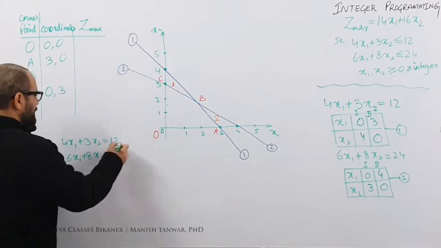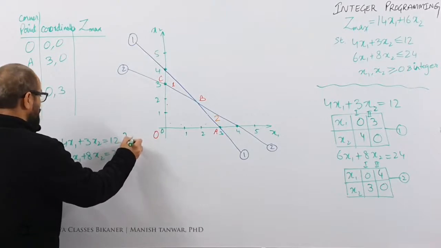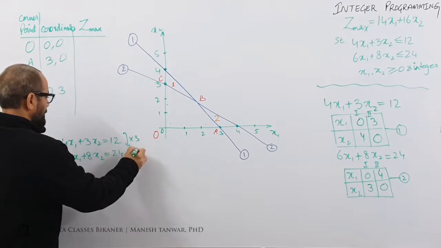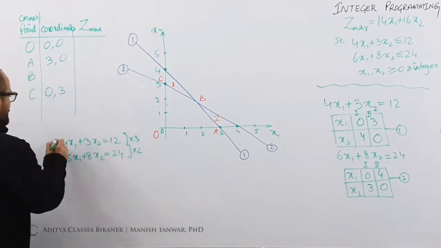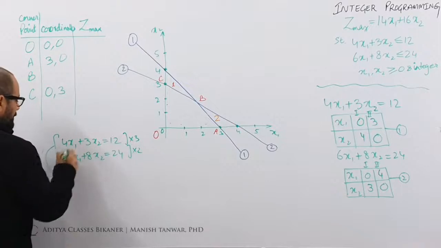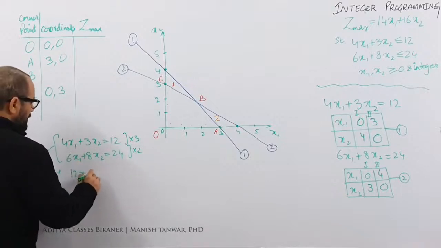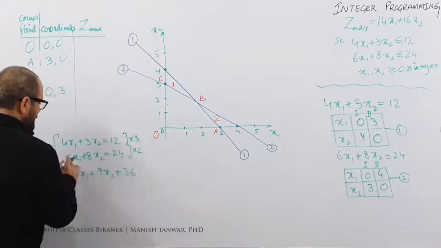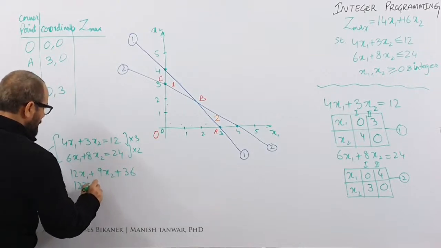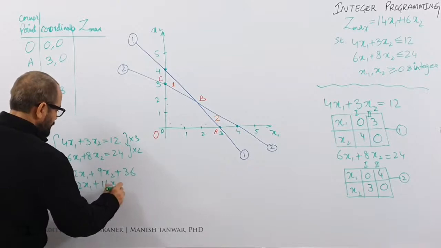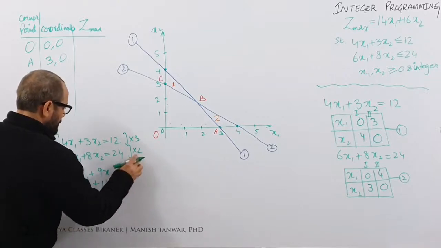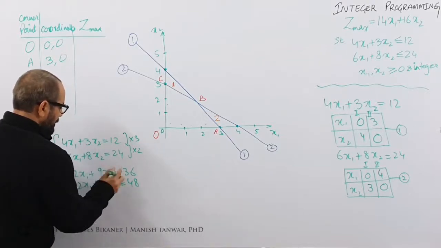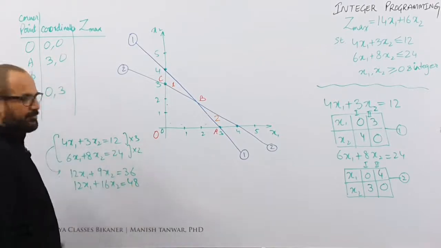How can we solve this? Let me multiply the first equation by 3 and the second equation by 2. So they get transformed. 4 3s are 12 x1 plus 9 x2 is equal to 36. Then this would become 12 x1 plus 16 x2 is equal to 48. 24 multiplied by 2 is 48.